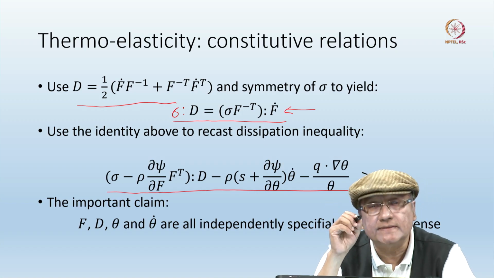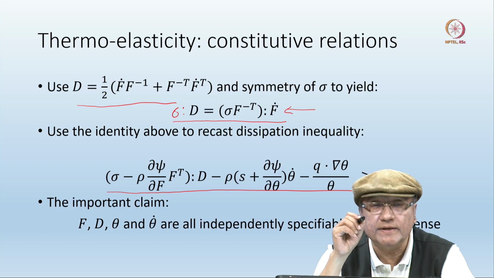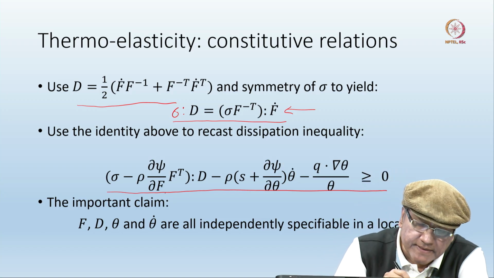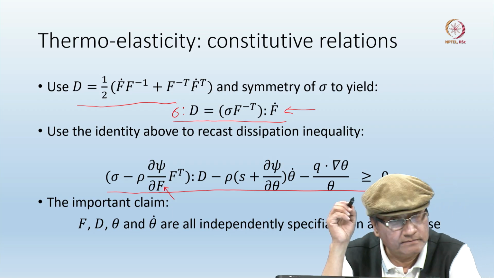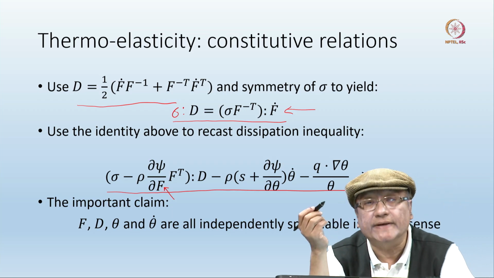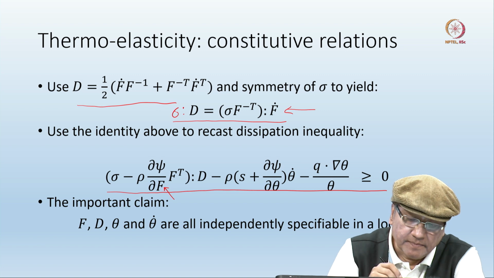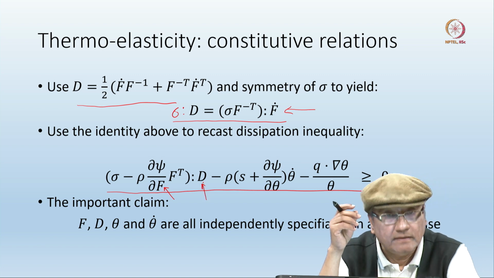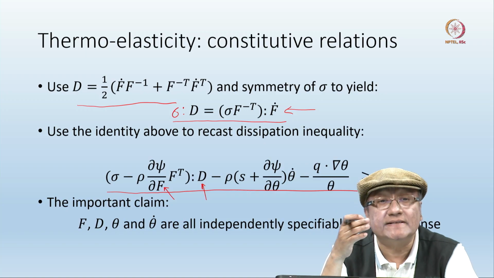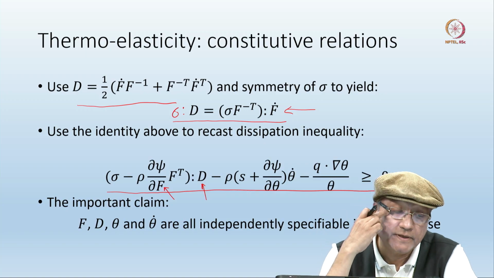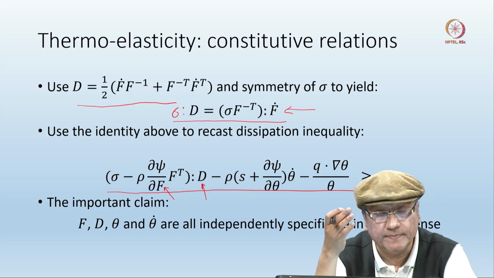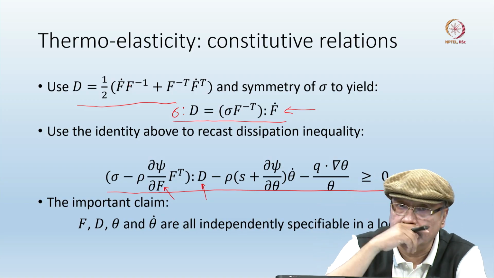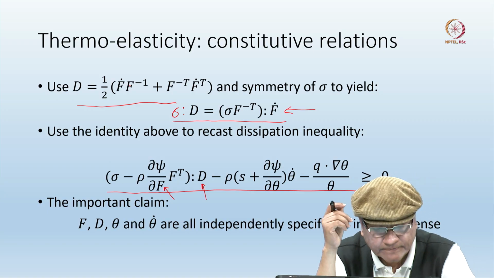Here comes the important claim, which is the crux of the Coleman-Noll procedure. The claim is that whenever you see a quantity, in this particular case I mean this f and its time rate, in this case by the time rate of f I mean d. Recall again that d is not a direct time rate of f because of the spatial nature of d, but if you pre-multiply by appropriate things then you get back this.